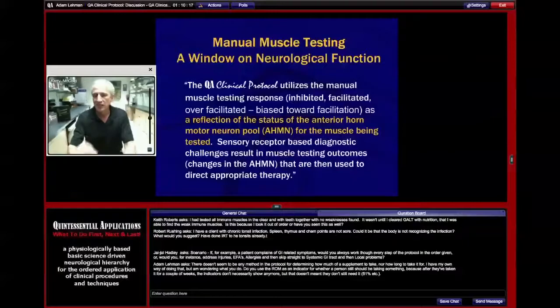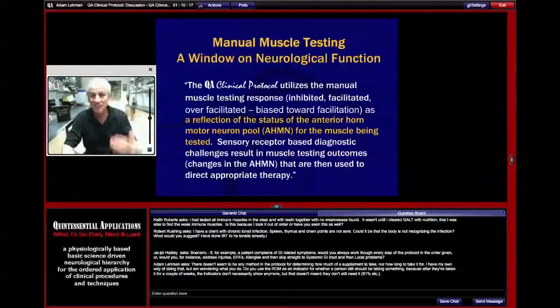So in the outline, the summary in the QA manual that's in the first part of the manual, in the first paragraph, or maybe the second paragraph, I think it's the first paragraph, of the summary of the paper that Dr. Schmidt wrote, a neurological rationale for a comprehensive clinical protocol using applied kinesiology techniques.